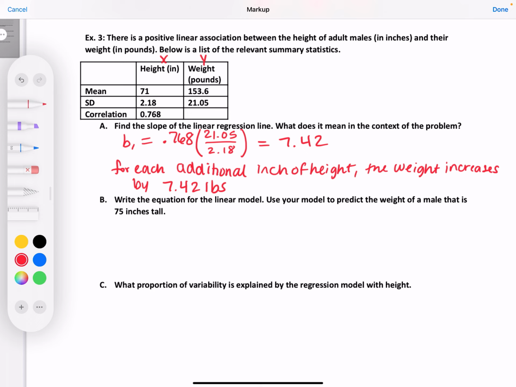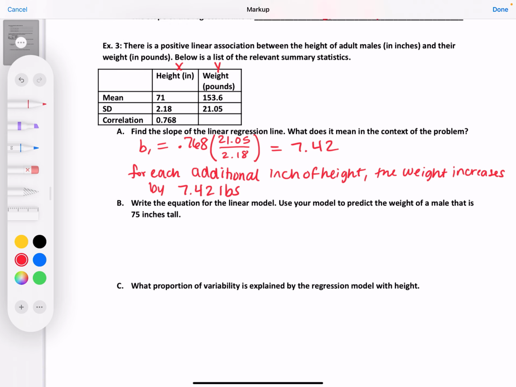So we want to write our equation for the linear model, and then we're going to use it to find out what a predicted weight for a 75-inch tall male would be. Just as a refresher on the formulas, y hat is equal to b sub 0 plus b sub 1 x.